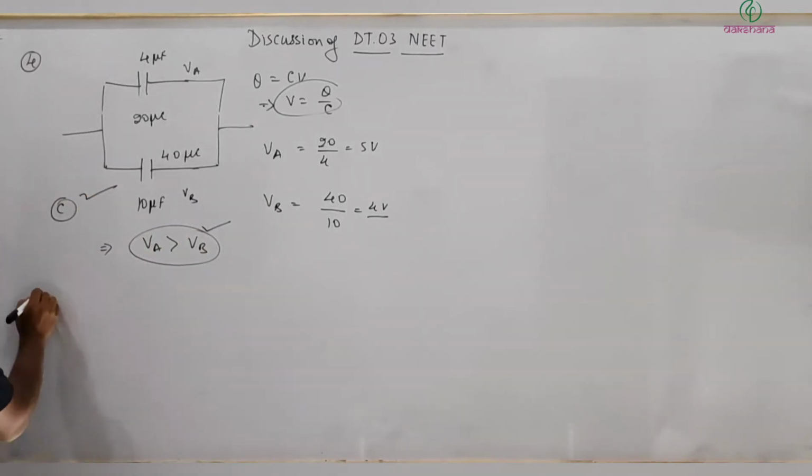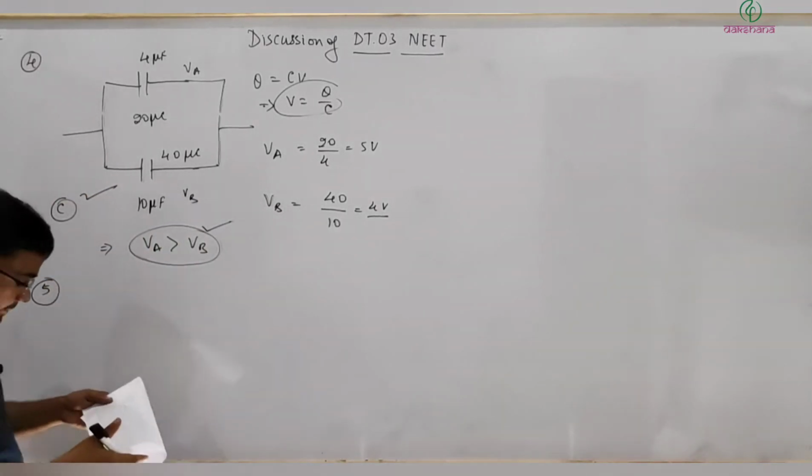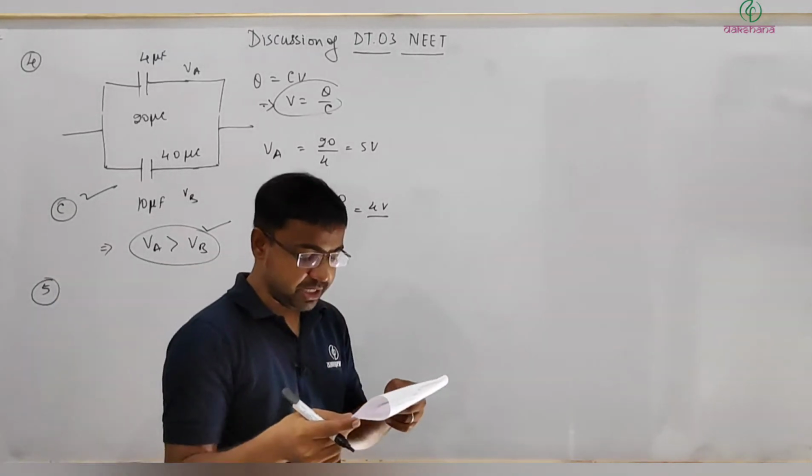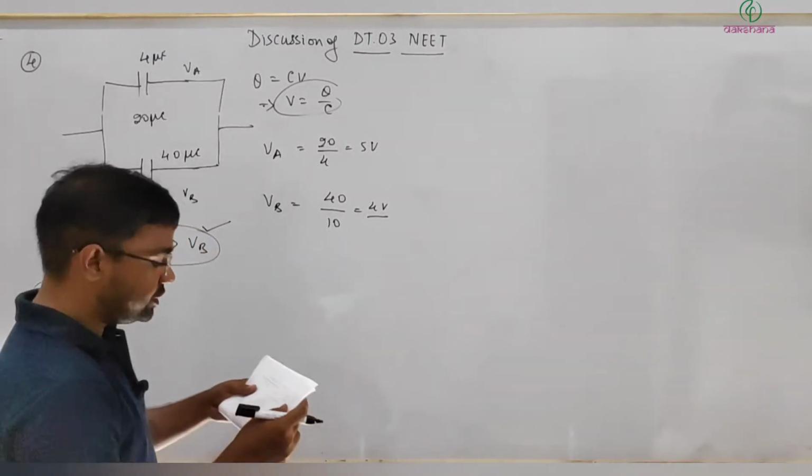So question number next 5, equivalent capacitance between A and B in the adjoining figure.